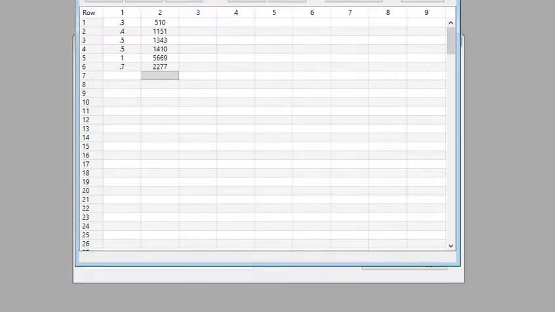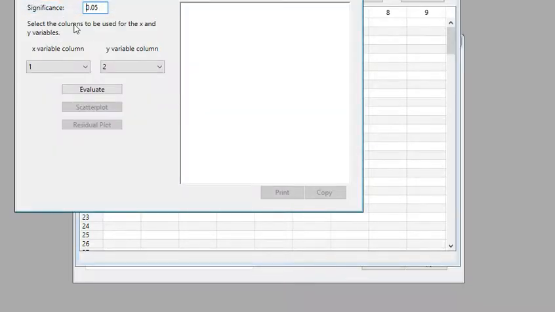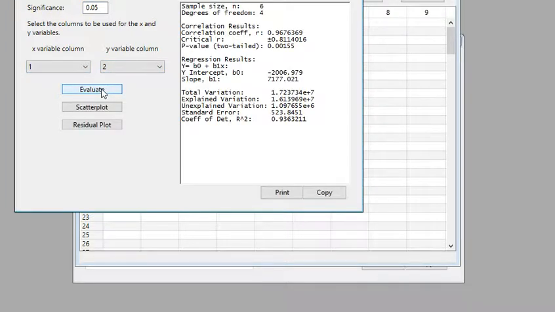I'm going to go back to StatDisk, analysis. This time, underneath analysis, you should see correlation and regression. We're going to get more information from this than we really need right now, and more than we can really understand. But at the 5% significance level, correlate the x variable with the y variable. Let's evaluate.